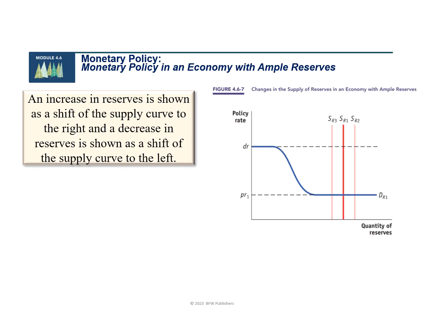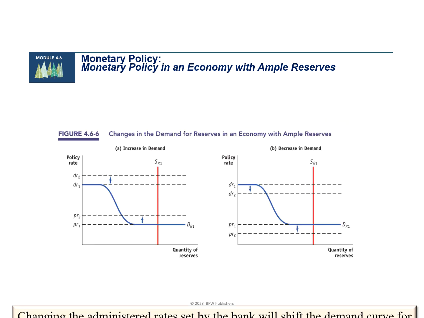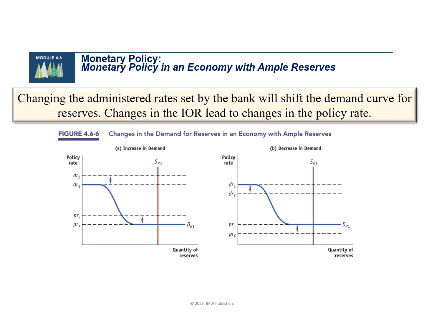The Fed still performs open market operations, or the buying and selling of government securities. The Fed performs open market operations to maintain ample reserves. But under an ample reserves regime, the Fed targets the policy rate by increasing or decreasing the administered rates. Changing the discount rate will affect the upper bound, but not directly impact the Fed funds policy rate.